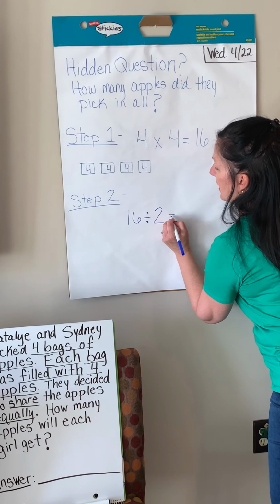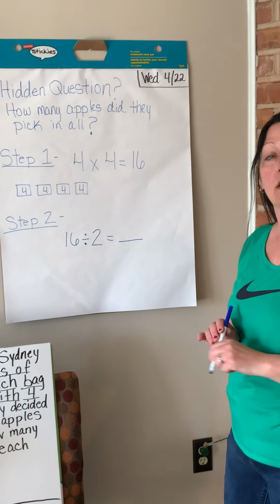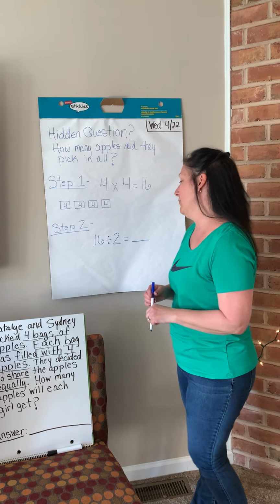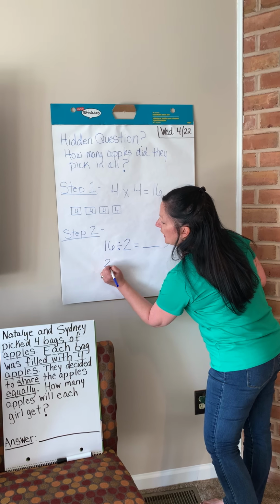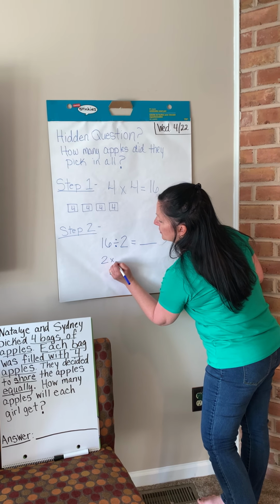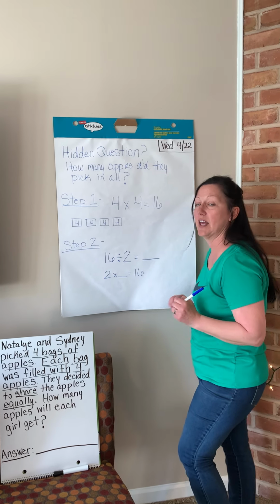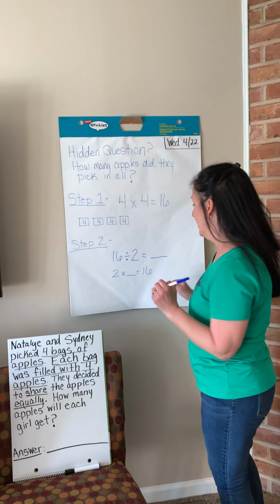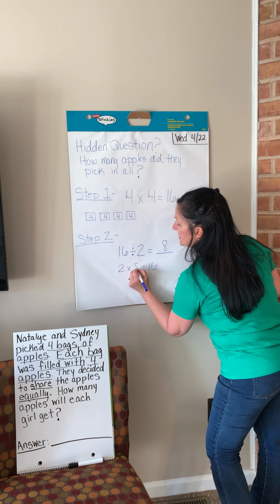friends equals what? Okay, remember the strategy. If you can't remember 16 divided by 2, you're going to use your multiplication to help you. 2 times something equals 16. Oh my goodness, and I know you're already saying it out loud. You're right, it's 8. Okay, 2 times 8 is 16.